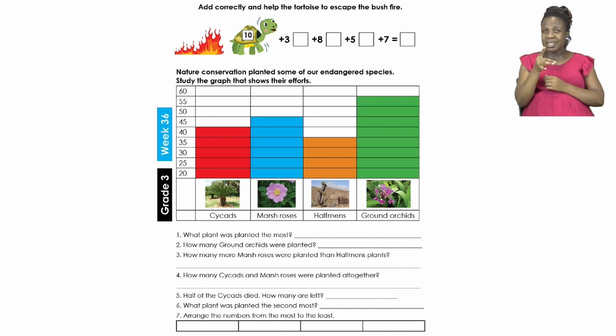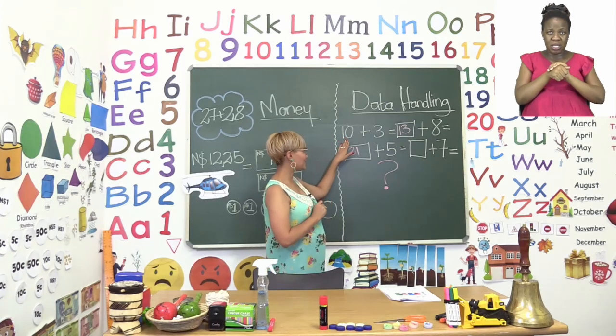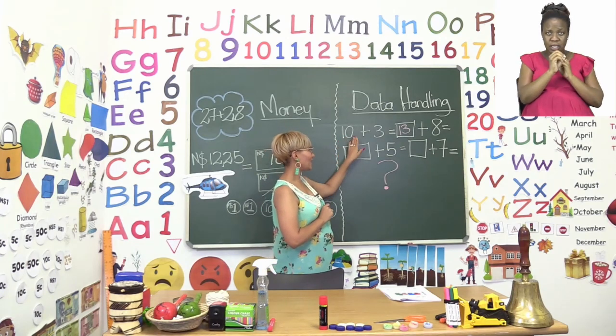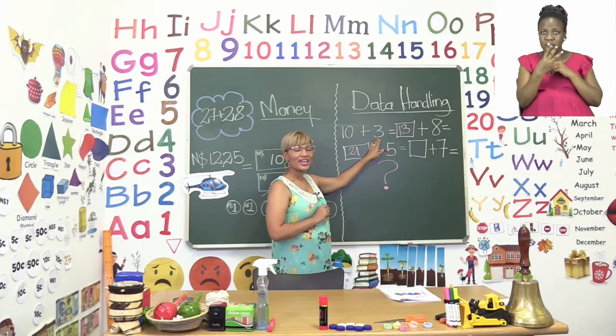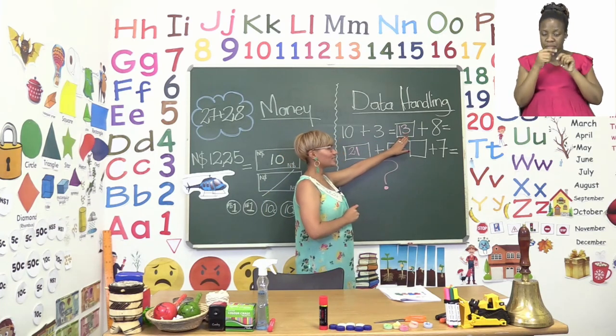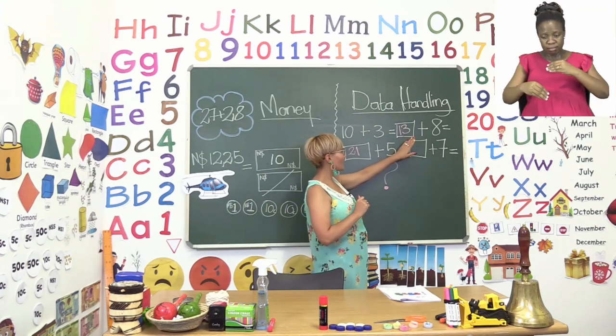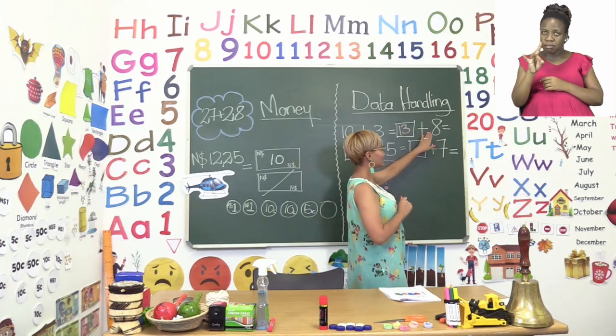Now I'm quickly going to help you with this one or start you off on the board. Remember we said that the tortoise had the number 10. So if we take 10 plus 3, then in the little block we will have the answer, which is 13. And then you go further and you say 13 plus 8.